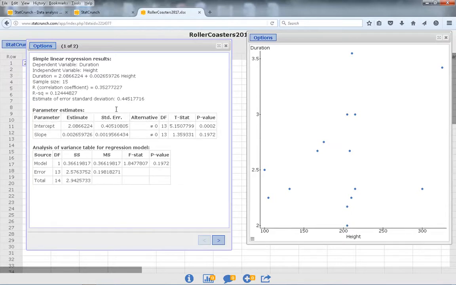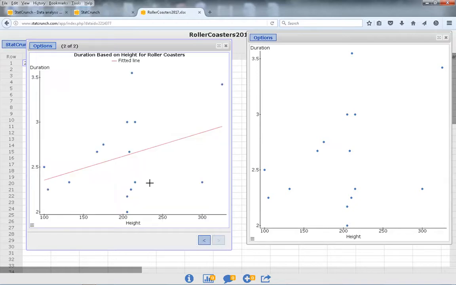If we did the hypothesis test under the null, we would say one of those things, right? We've got our variables up here if you forget, or you can read them off of the scatter plot, duration and height. Or the fitted line plot also is going to have duration and height listed.